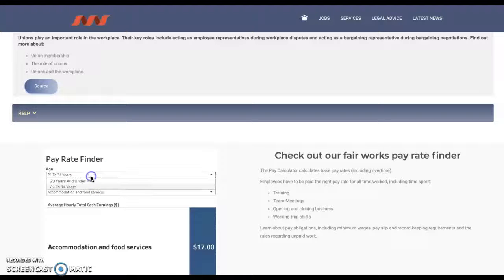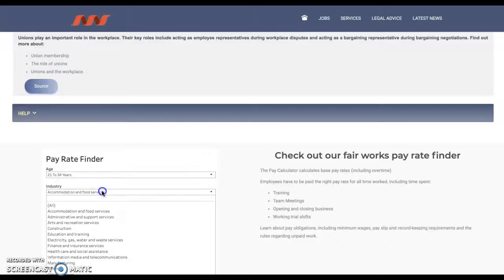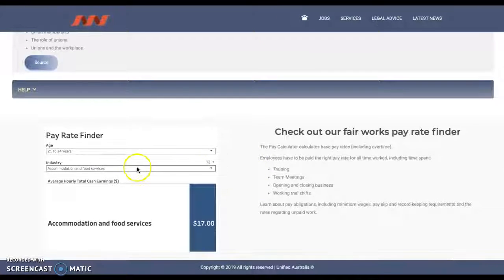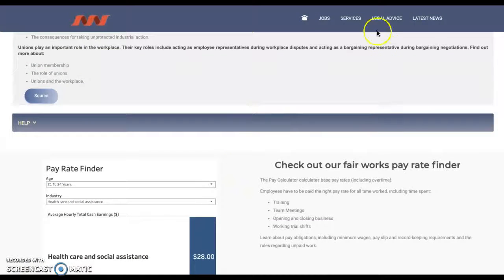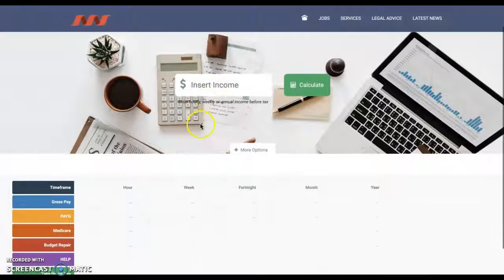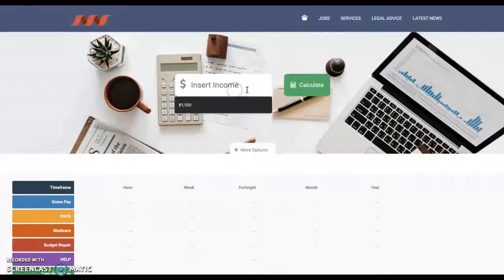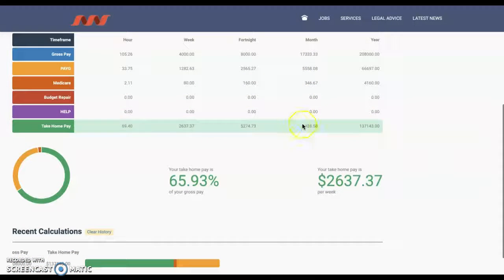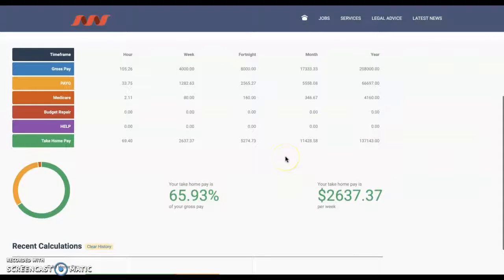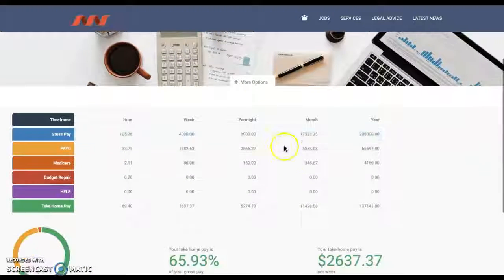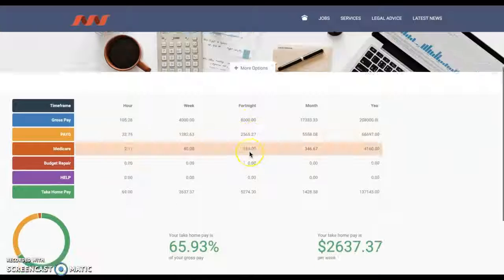Is a pay rate for different occupation. Here is some different value here. Okay. So this slide, the calculator is useful.